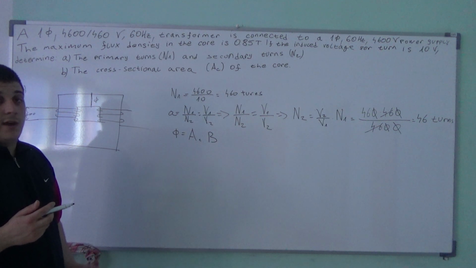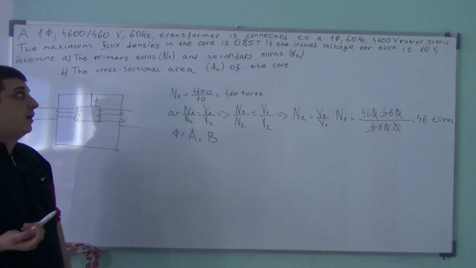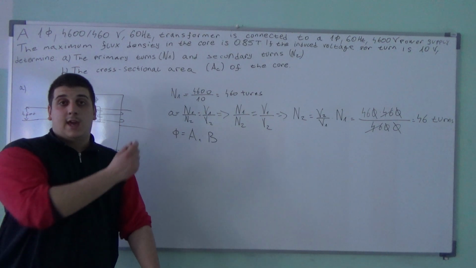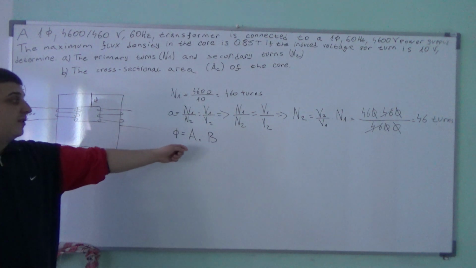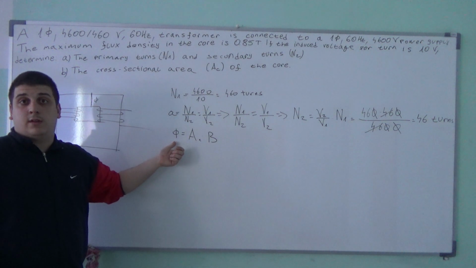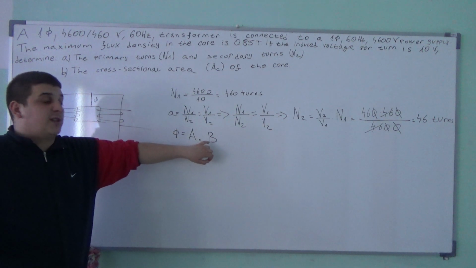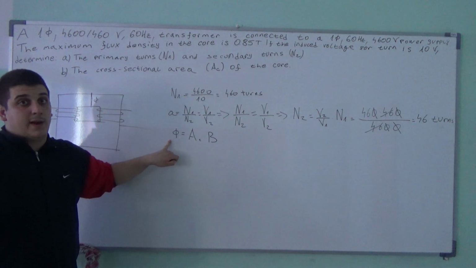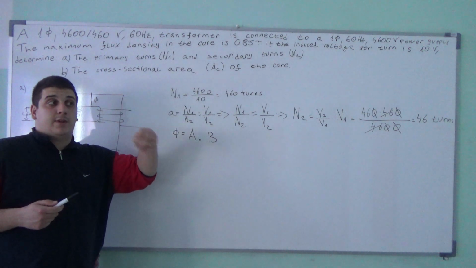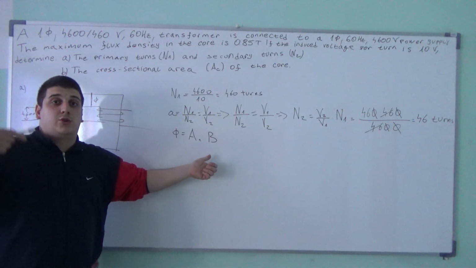Now, what data do we have? The problem says the maximum flux density in the core is 0.85 Teslas. But if we have the maximum value of the magnetic flux density, then we know that the flux maximum is also the maximum value. You know, because this is alternating voltage. If you have alternating voltage, then the flux and the magnetic flux density also vary with time.